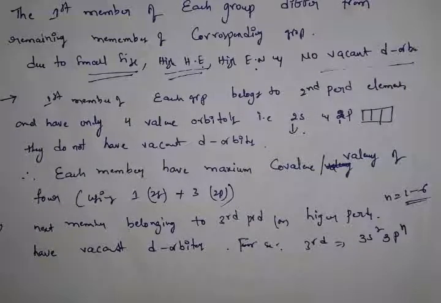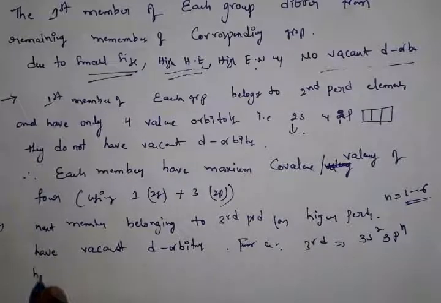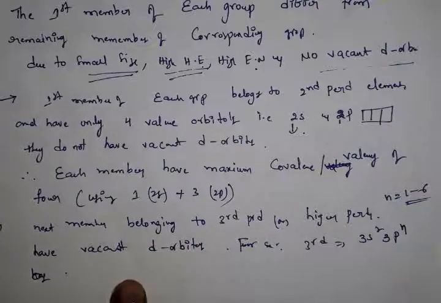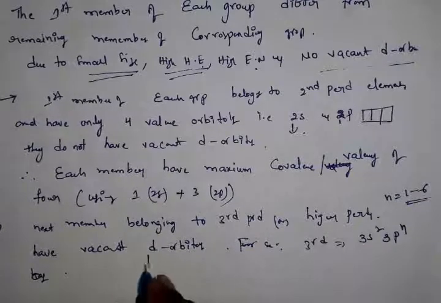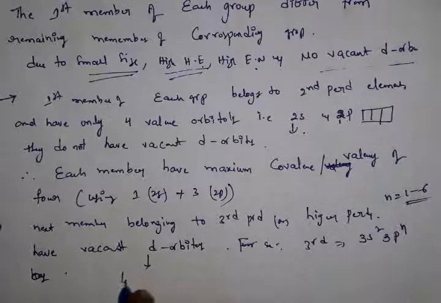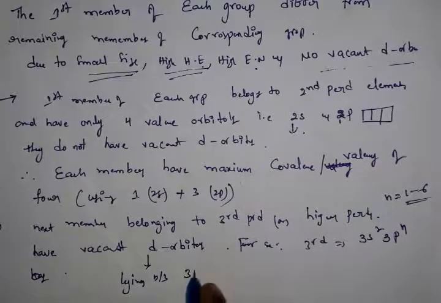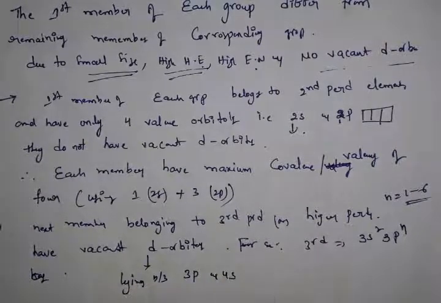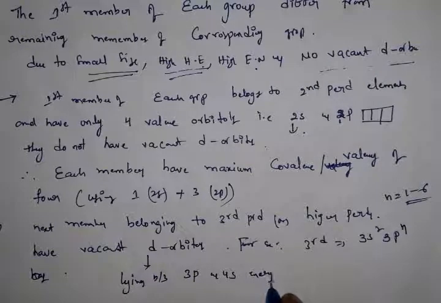These 3d orbitals are the vacant d orbitals lying between 3p and 4s energy level.